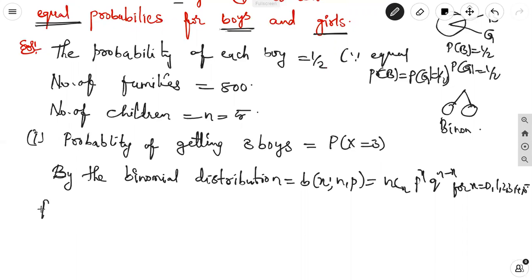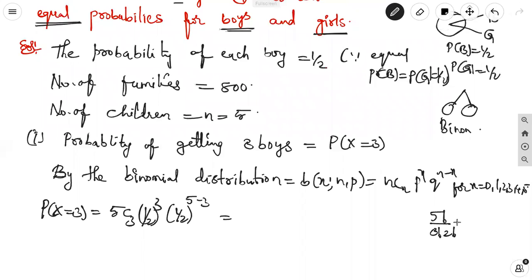So, here probability of x equal to 3 is equal to, n is 5, 5C3 p power 3, that is 1 by 2 whole power 3, q power n minus 3, 5 minus 3. 5C3 is 5 factorial by 3 factorial into 2 factorial. That is 5 into 4 by 2, which is 10, into 1 by 2 whole power 5.